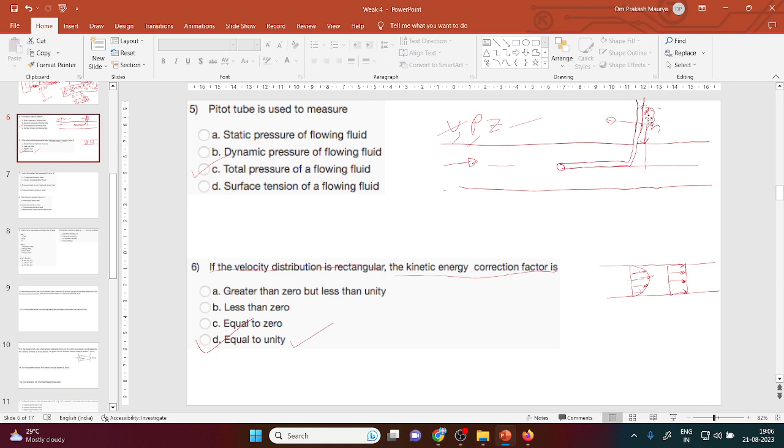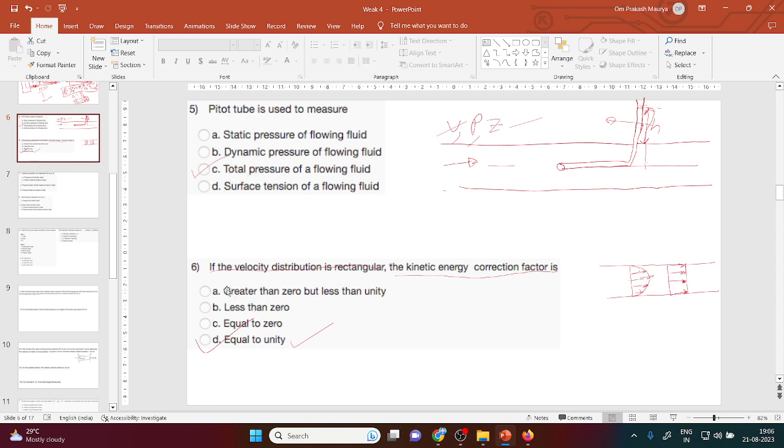So using the pitot tube, you can calculate the total pressure of the fluid flow, not static, because the pitot tube is used in the case of flowing water. So static pressure is not the case. Your correct answer is the total pressure of the flowing fluid.